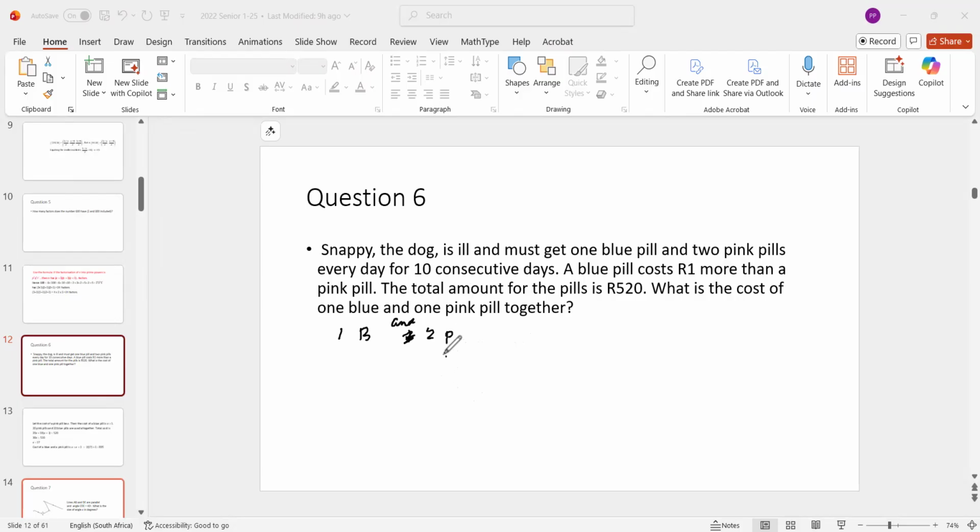So let's give a name to the price of the pink pill. Let x be the cost of the pink pill.